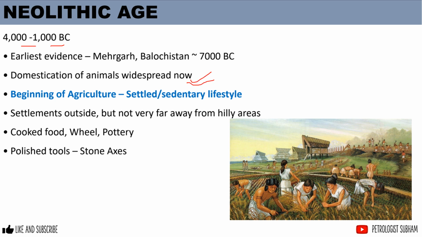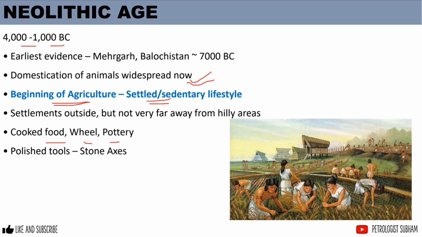The Neolithic age was the first time when people started agriculture, growing crops, and settled into a sedentary lifestyle. They were developing houses, tiny houses, and started to settle. Settlements were beginning to appear during this age. Cooked food was developing. The wheel first appeared in this age.